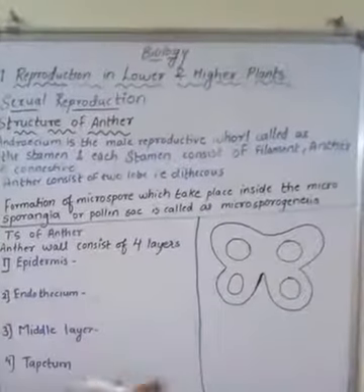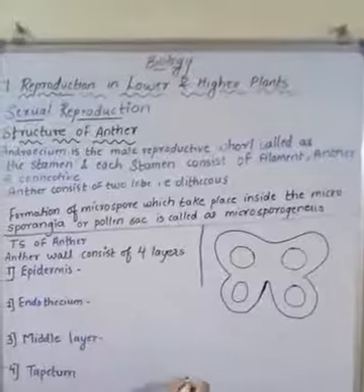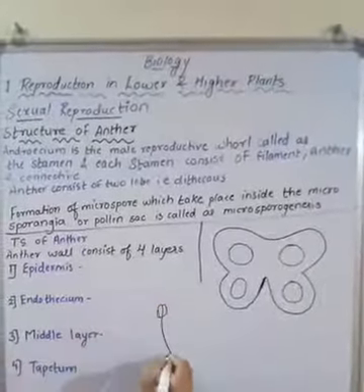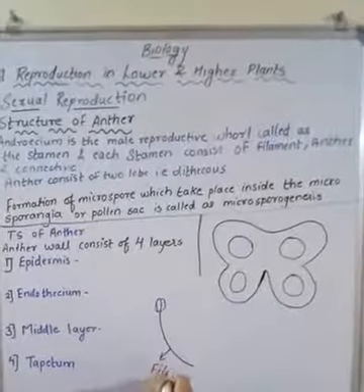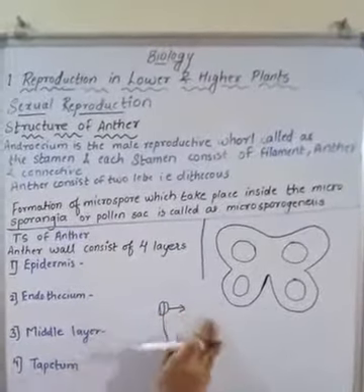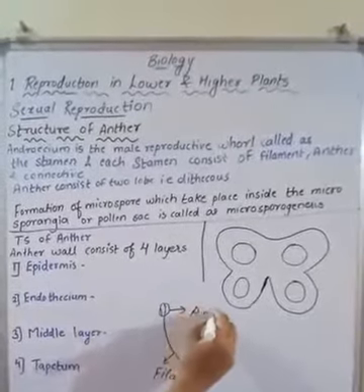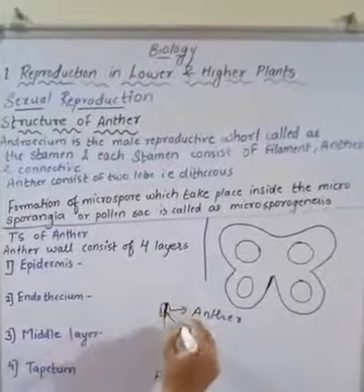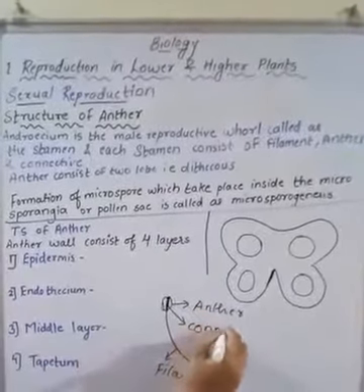In the flower, as we have seen, this part is called the filament. Clear? This part is called the anther, and this middle section is called the connective.